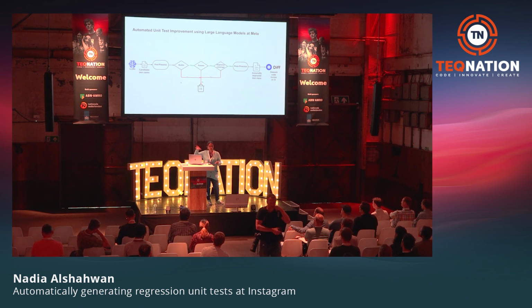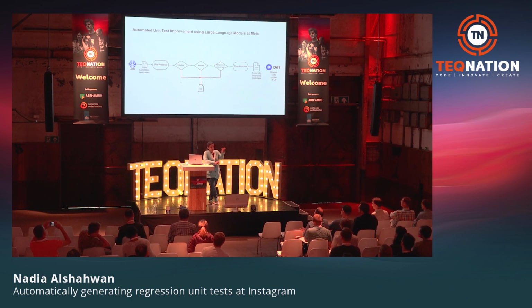Otherwise, we keep it. Then we do some post-processing: take the values, create the test, do all the build files and everything, and put it up as a diff, show it to the engineer who wrote the original test. So this is an extension on your test, and they either accept it or reject it. That's why it's called assured: we know it builds, we know it passes, and we know it added coverage. So it added something.